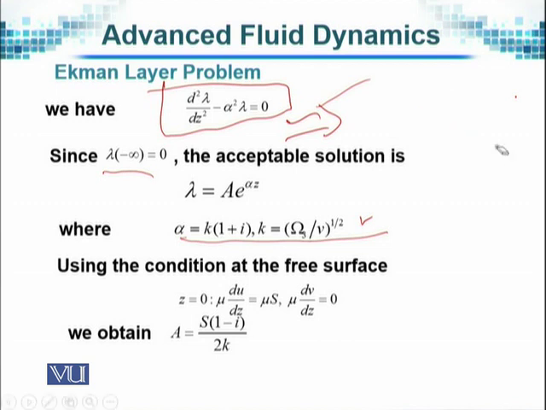quantity. That means alpha is equal to k times 1 plus iota, and k is equal to omega 3 over v under root. Now using the condition at the free surface, where of course at the free surface z is equal to 0 and mu into du by dz is equal to the shear force, omega mu into s, and mu into dv by dz is equal to 0.